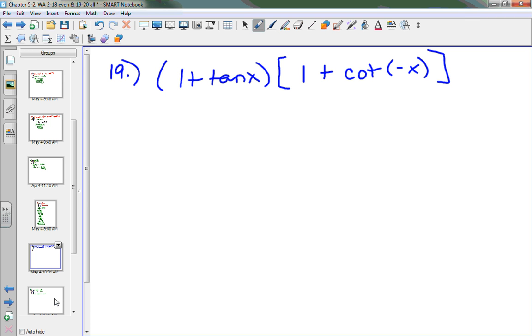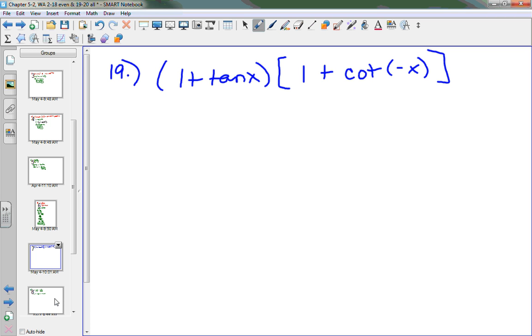Make 1 plus tangent of x secant squared. It's not squared, is it? You can't do that. What is ugly in this problem?